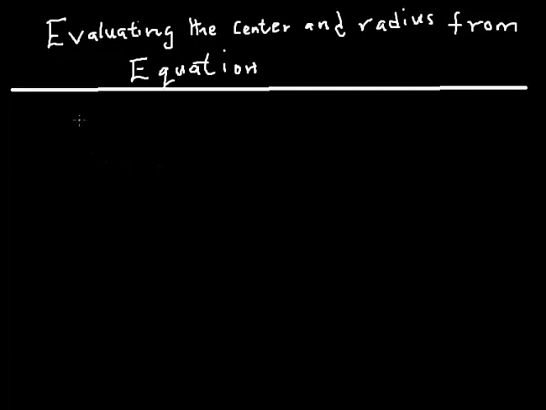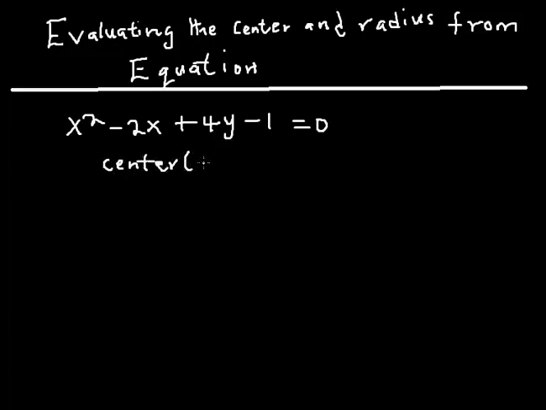For example, let's say you are given x squared minus 2x plus 4y minus 1 equal to 0, and you are asked to find the center coordinate (a, b), and of course the radius.